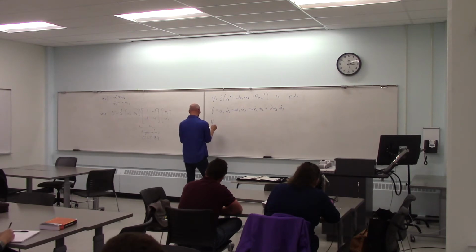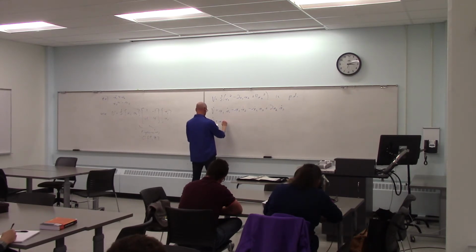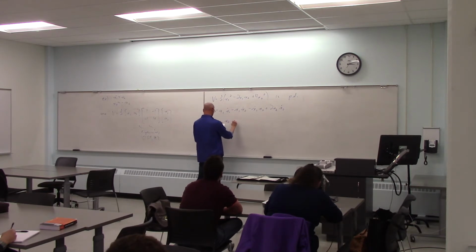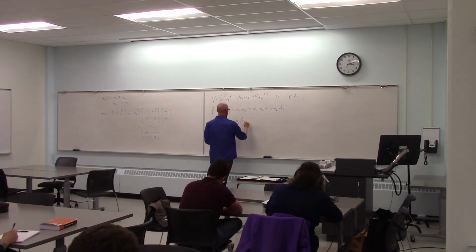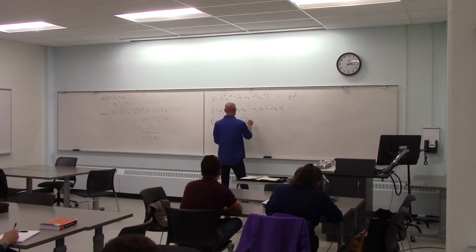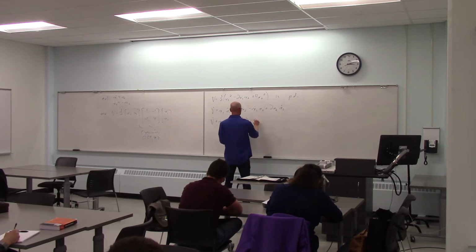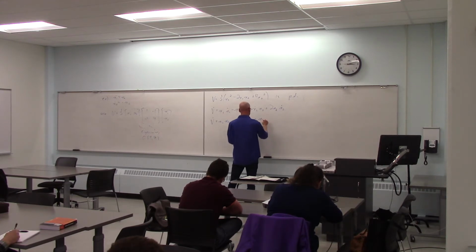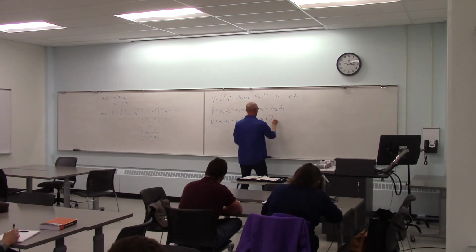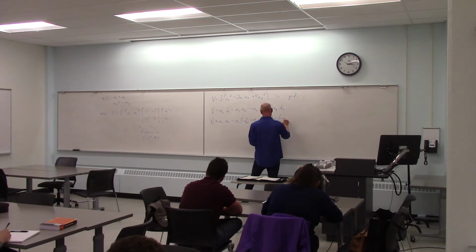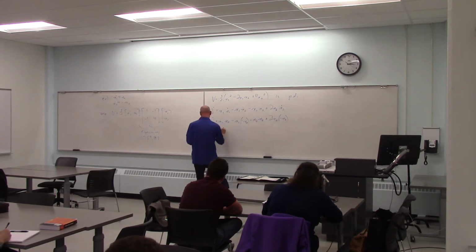V dot equals x1 x2 minus x1 negative x2 minus x2 x2 plus 2x2 negative x2 equals negative 3x2 squared.